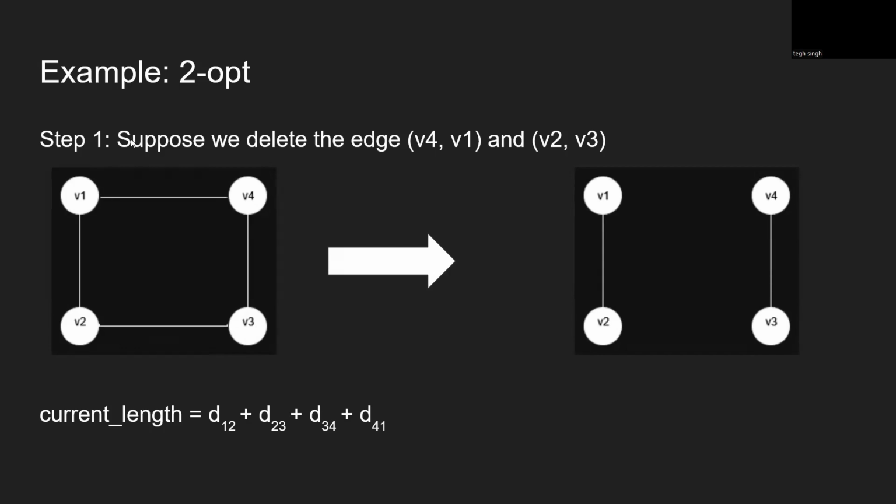So we're just going to go through the steps. Suppose we delete edge v4, v1, and edge v2, v3. We'll end up with this thing over here. The current length of the graph on the left is d12 plus d23 plus d34 plus d41.